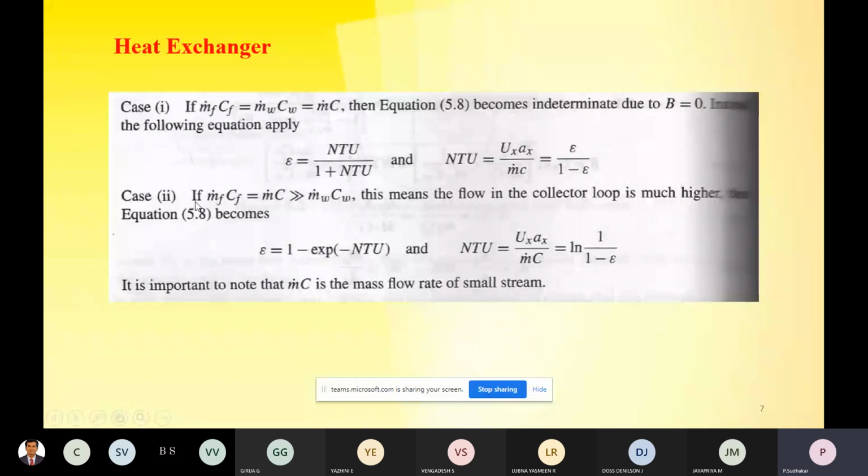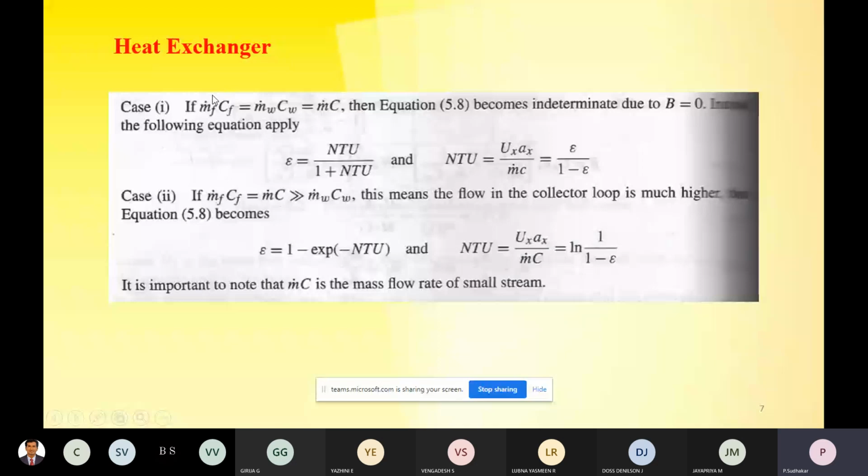There are two cases, depending on the heat capacities of the hot fluid and cold fluid in the counterflow heat exchanger, and the effectiveness will change accordingly.